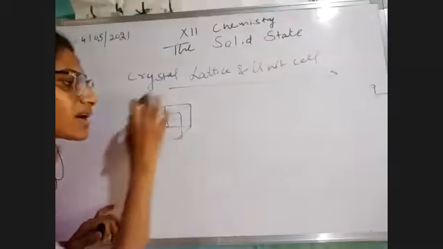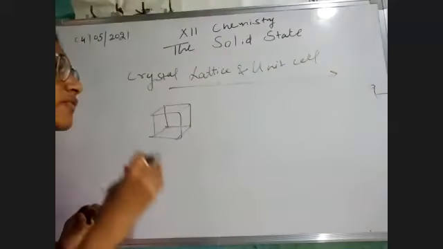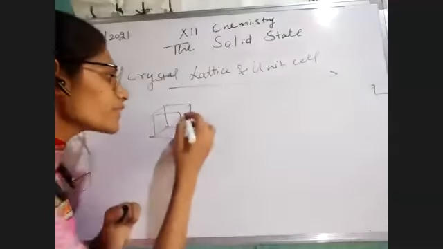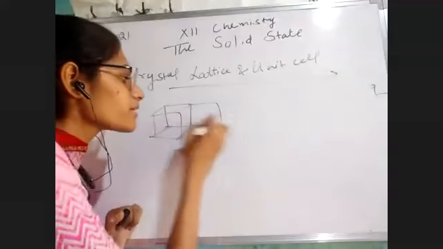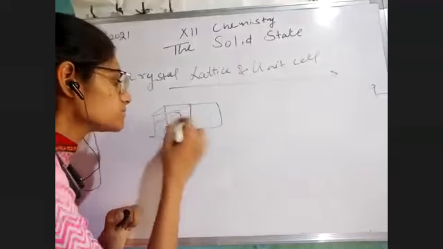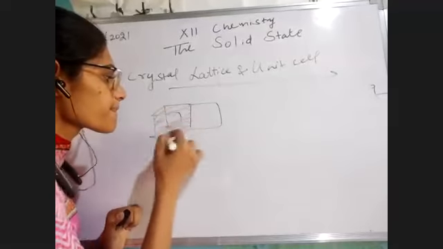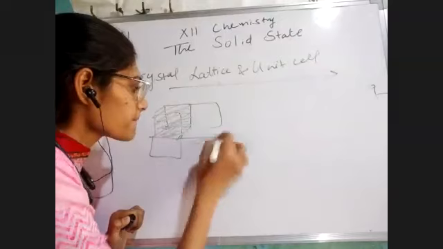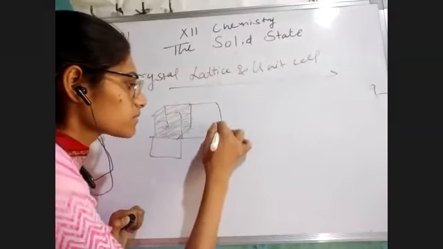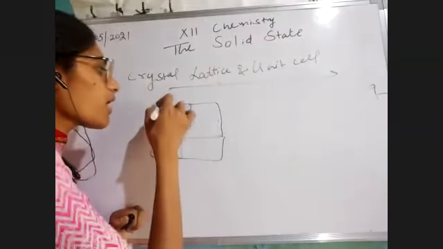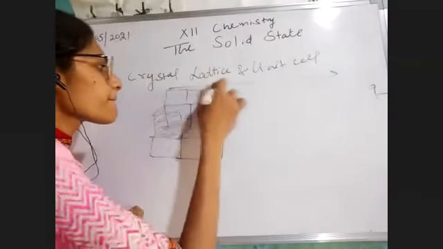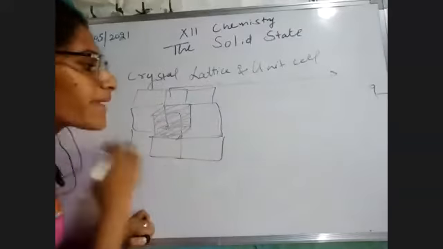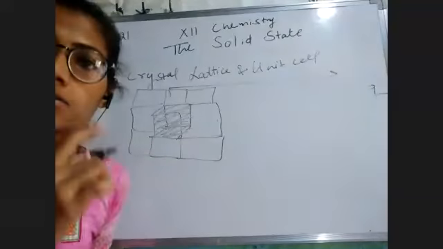Suppose this is a kind of smallest unit of a whole system, which again and again when repeated up and down, left, right, would make the complete solid.